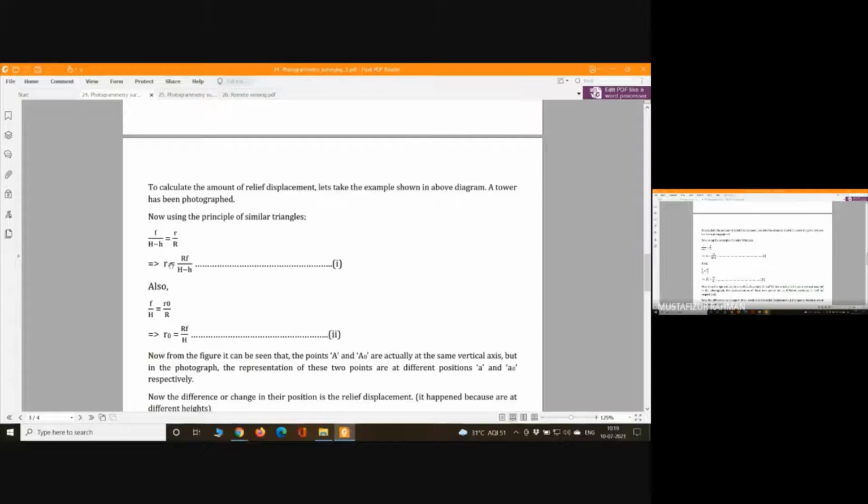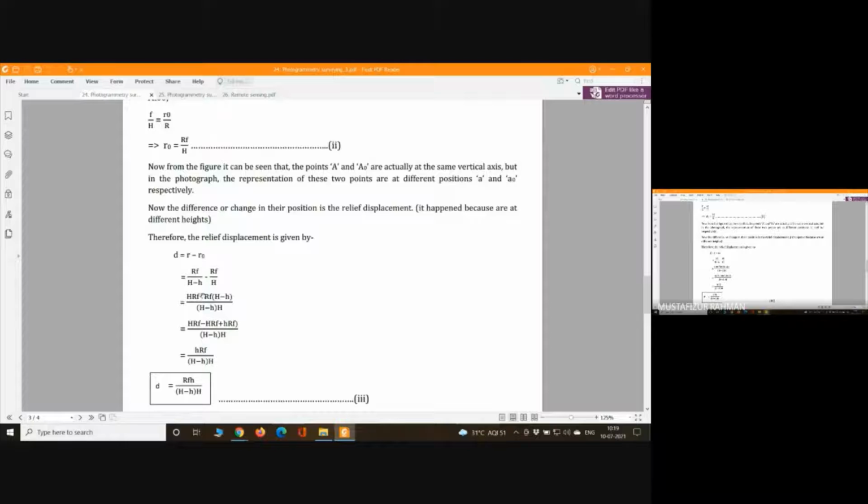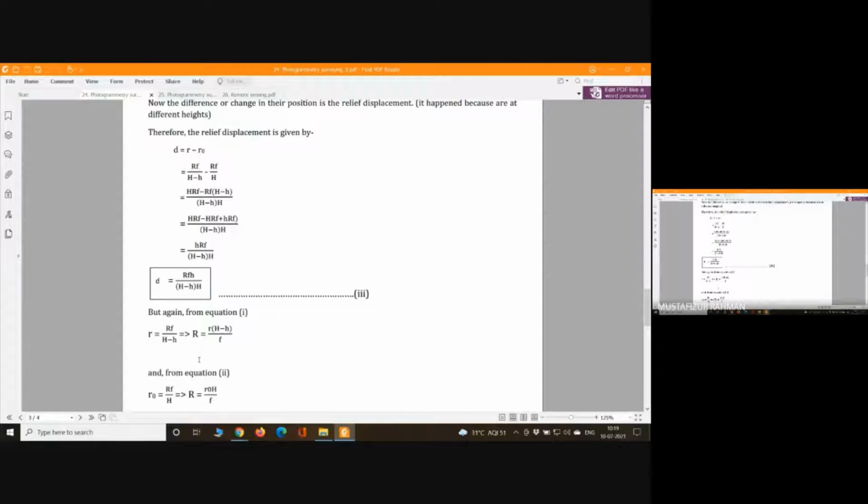So we got the value of small r, we got the value of r naught. Now we have to find relief displacement. What is relief displacement? Difference between these two values, r minus r naught. So if we do this and we simplify a little bit, then finally this one is coming. So this is relief displacement. Now again, from the first equation, what we can write, we have this equation, we can write capital R is equal to this much, right?